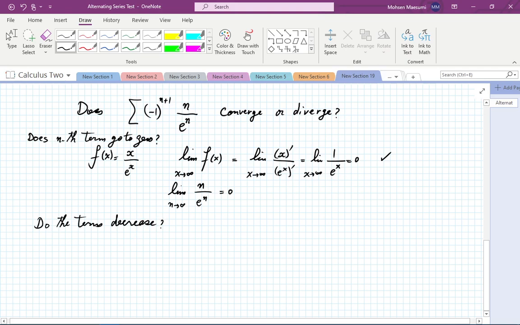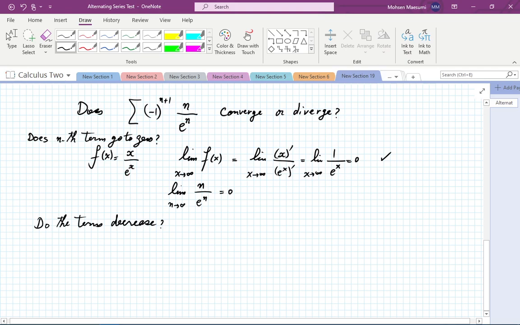Do the terms decrease? Well, in this case, we have an easy check. We can go ahead and take a look at this thing and ask if this function is decreasing. Well, in calculus 1, we had an easy criterion for that. If the derivative of the function is negative, then we are all done, because that negative derivative means that the function is decreasing. Once again, let me remind you that all we need is to show that that property holds from some point on.